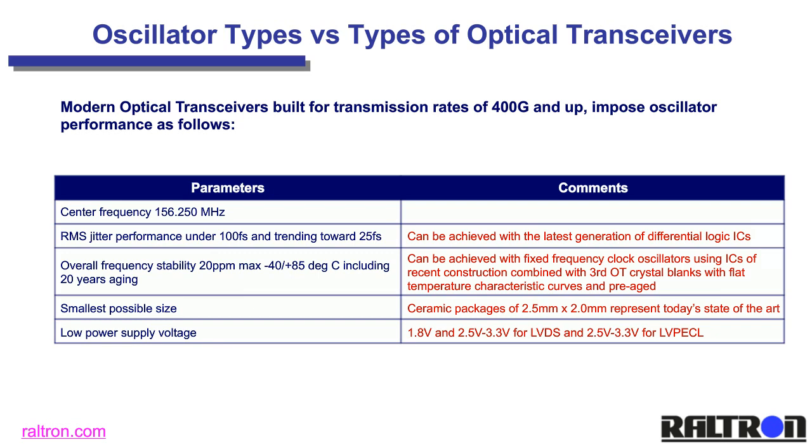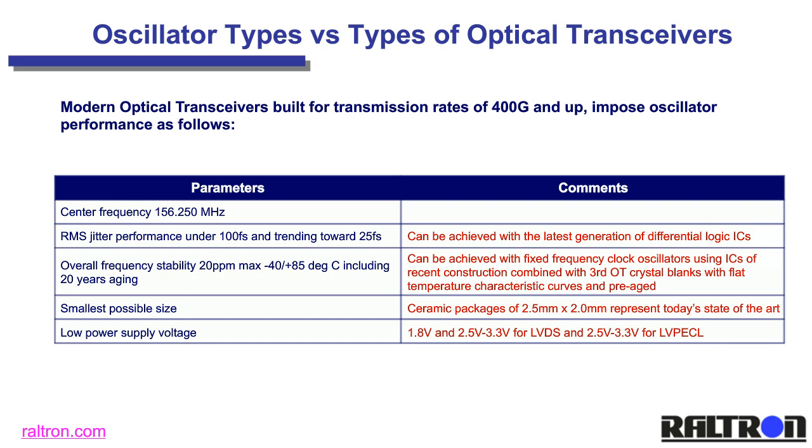There are international bodies that are regulating this, and the frequencies we're talking about, for example 156.250 megahertz, are prevalent for this type of application. So this is dictated by the industry. And there are several parameters which are critical for the oscillator that needs to be used in connection with a DSP going into an optical transceiver.